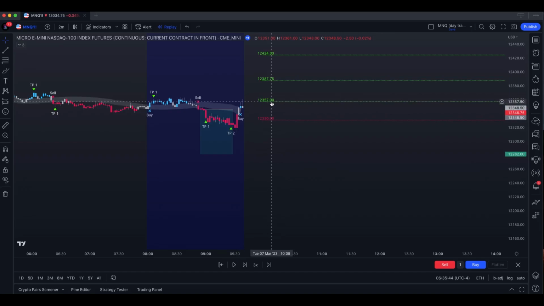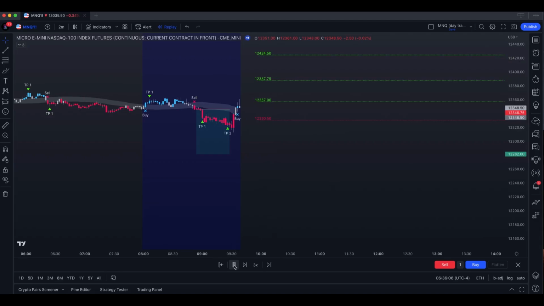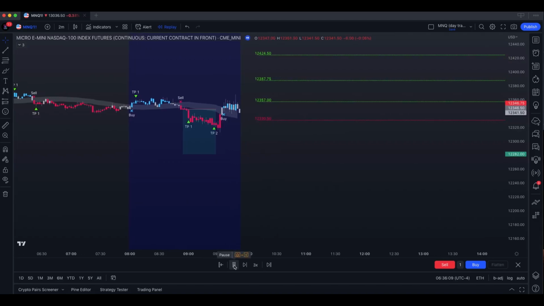You keep it to a very conservative level, which in this case would be only 6 or 7 points. However, why is it doing this? It's because the indicator is predicting that this move is not going to go very high. As you can see, market pulls back, and then we hit this first take profit.